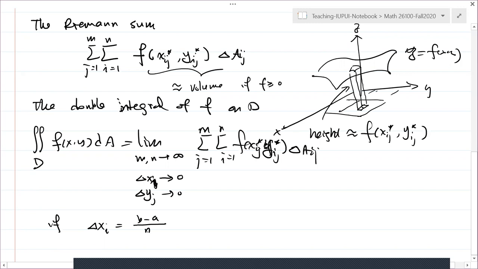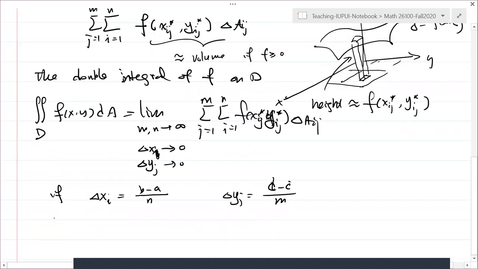Clearly when n approaches infinity, this approaches 0. And delta yj is going to be d minus c over m. Then m, n approaching infinity implies delta xi approaches 0, delta yj approaches 0.